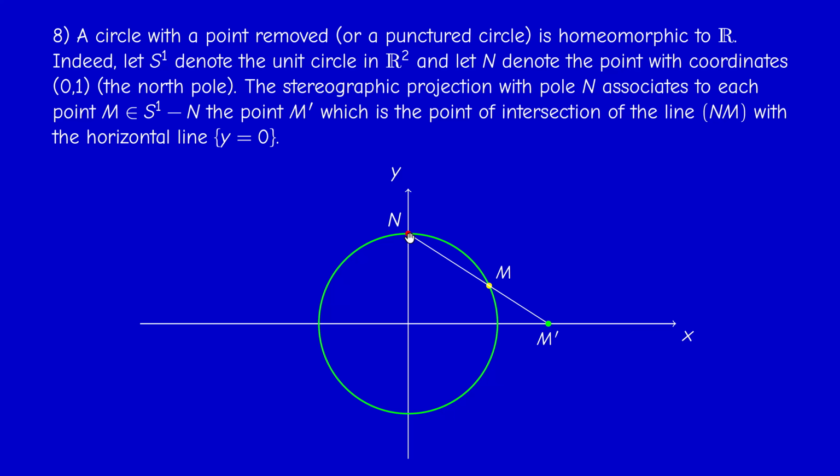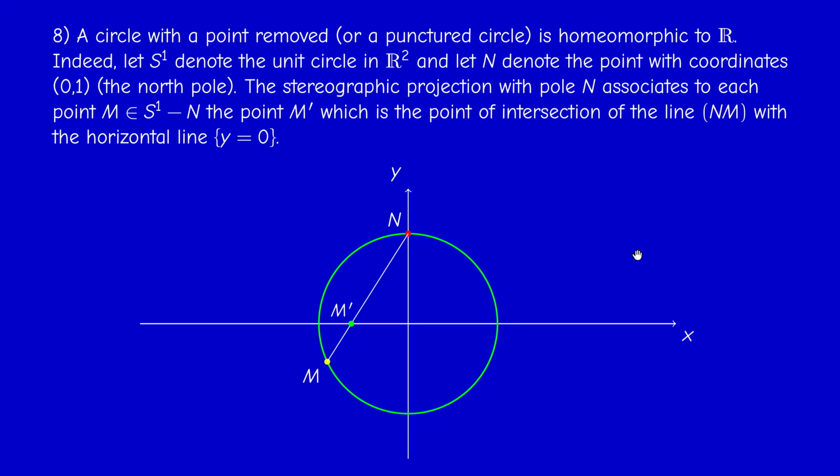What does this stereographic projection do? So to each point M in this circle, represented in white, we join N to M. And the line joining N to M meets the x-axis, or the axis y equals 0, at a point M prime. Okay? So we may have this or this configuration, doesn't matter. So what is the geometric interpretation?